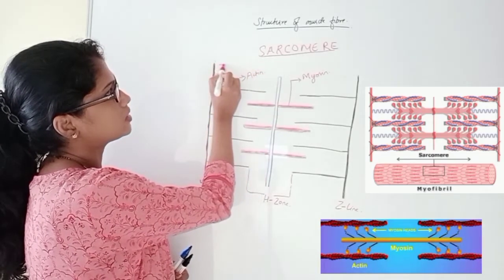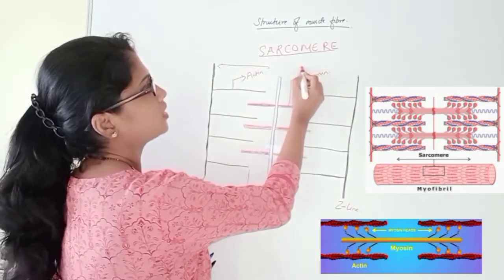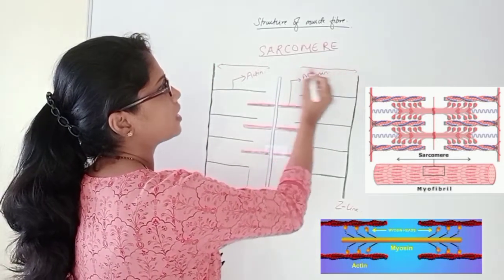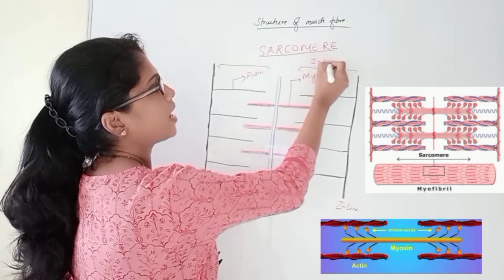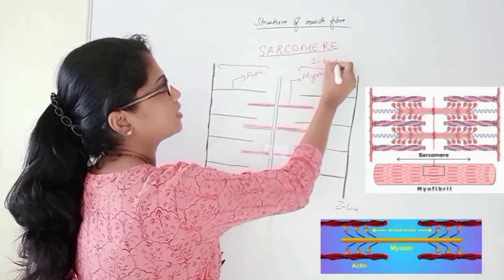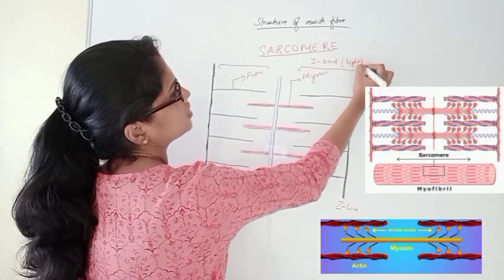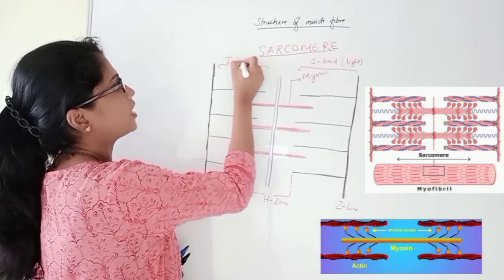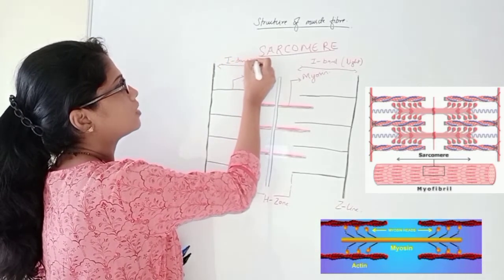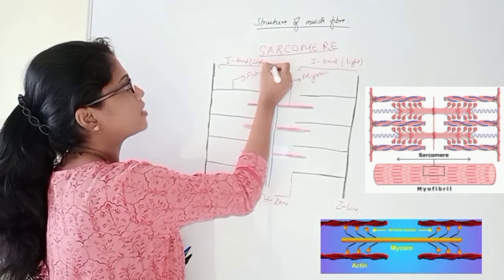And this actin filament forms the I band, okay, I band, and this is lighter, okay, light, and this is also I band, also called the light band.